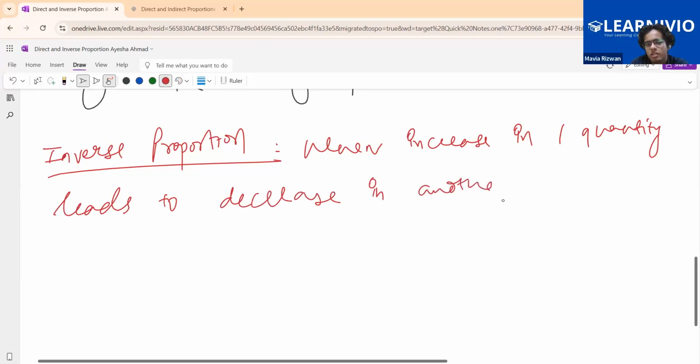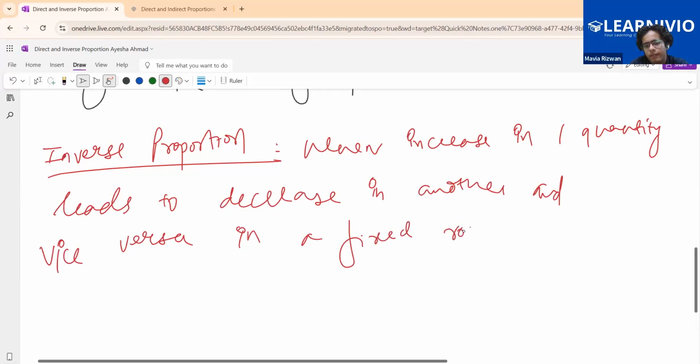Vice versa means a decrease would lead to an increase, in a fixed ratio, in a fixed proportion or ratio.